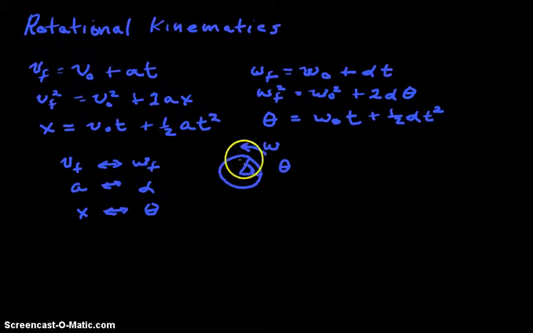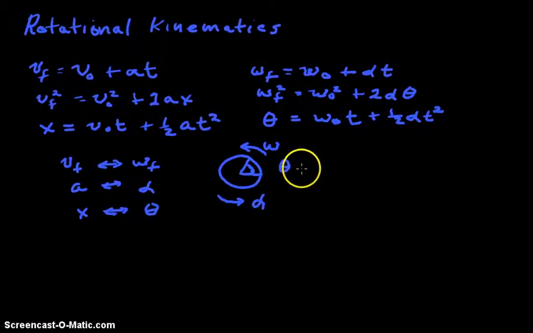And then if this is speeding up, rotating faster and faster and faster, then it would have an angular acceleration, and that's the Greek letter alpha, and this would be in radians per second squared.